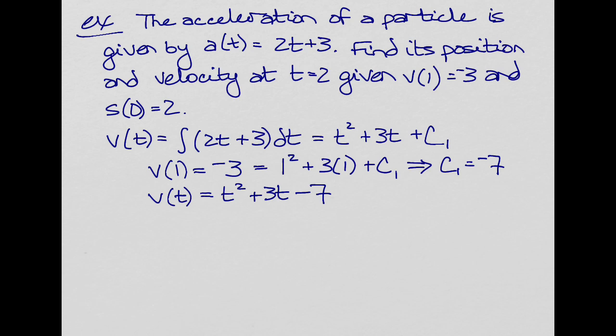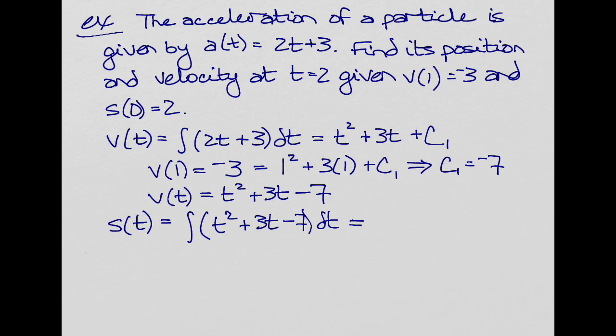I also want the acceleration. I know, I already had the acceleration. I'm going the other direction. I also want the position. My position function is the antiderivative of the velocity. So here we go again. I'm going to integrate again.